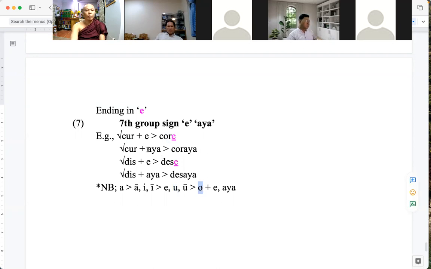The same way, if we apply the ya sign, root vowel u is changed to o. That is why we have jorea. Okay, jore base, jorea base. So jude means to steal or to take away, to steal what is not given by the owner.